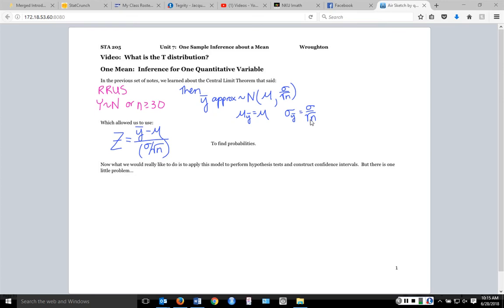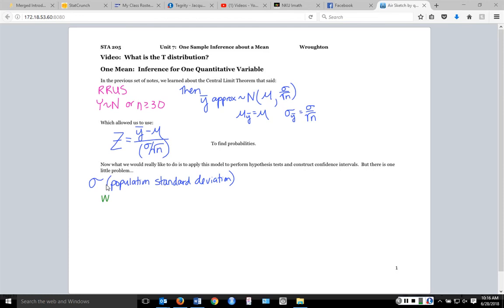And our problem is this sigma, or the population standard deviation. So first, looking at my z-score up here, notice that sigma is part of that. And so we're talking about why sigma is a problem.